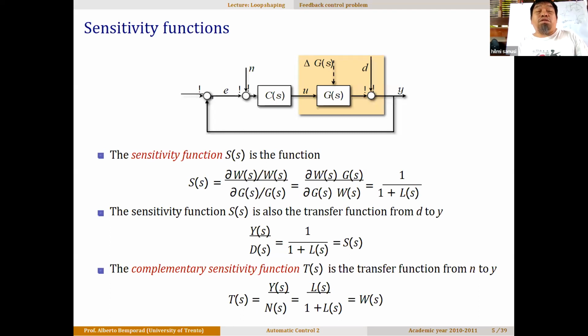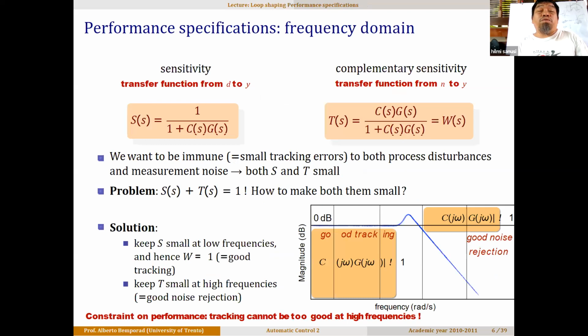So if we look here, we want the sensitivity to be very small, so that we are immune. If we want to be immune, the system must be insensitive. If we don't want the system to be sensitive, the tracking error must be small.